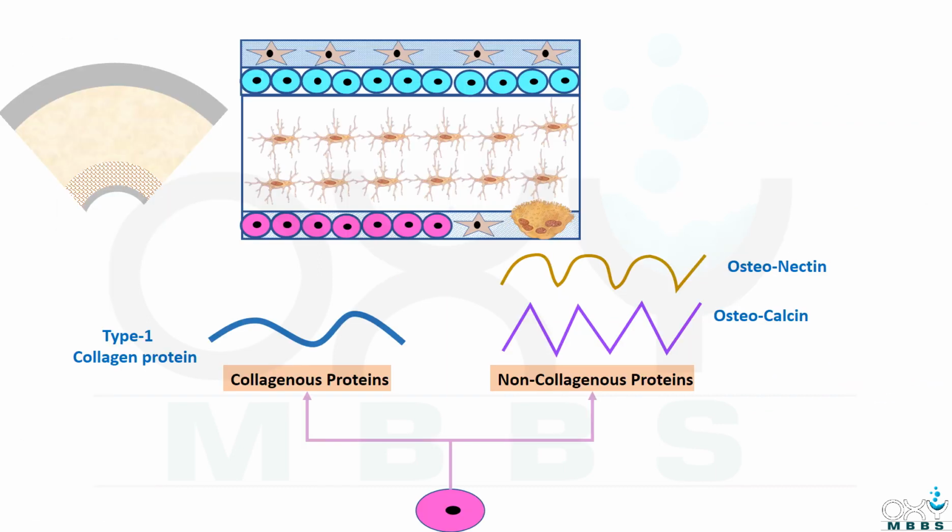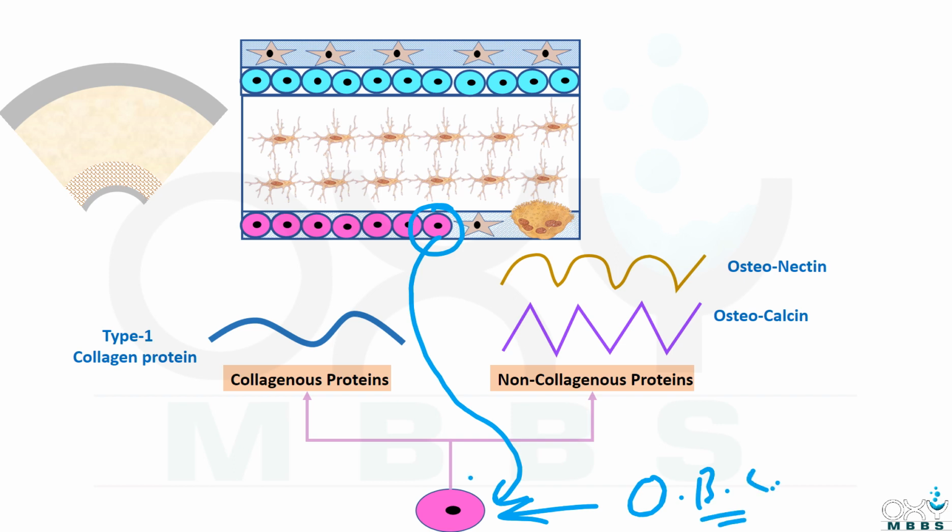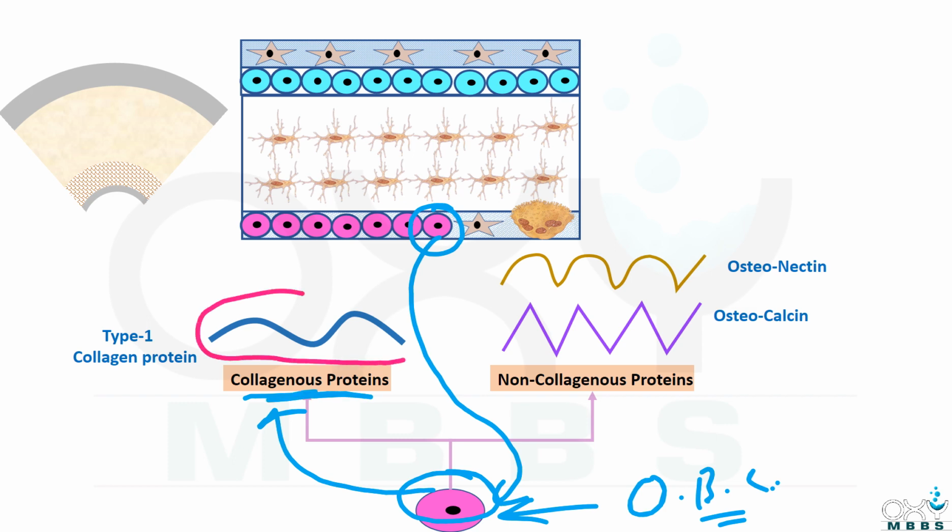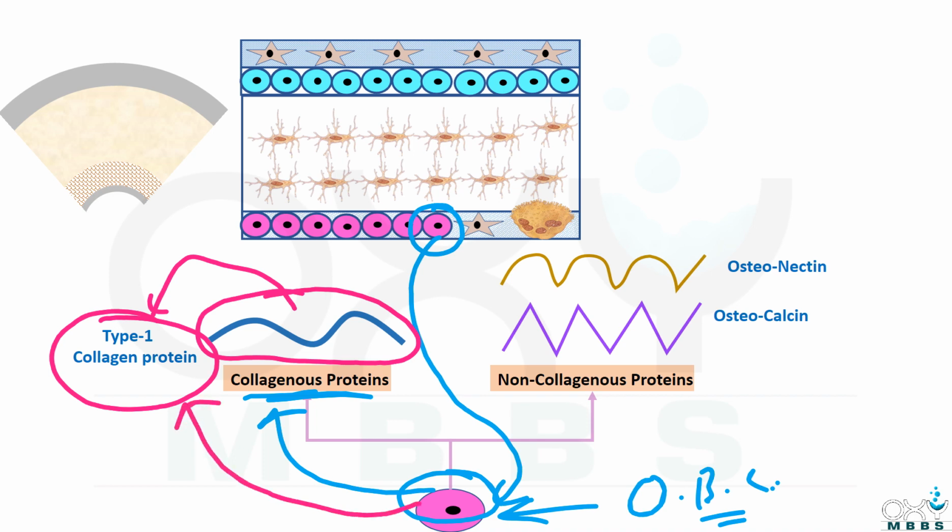So I am taking this single cell here, and this is the osteoblast cell. And these osteoblast cells secrete collagen proteins. These are collagen proteins or collagen fibers, and in the bone mainly type 1 collagen fibers are present. So the osteoblast secretes type 1 collagen.